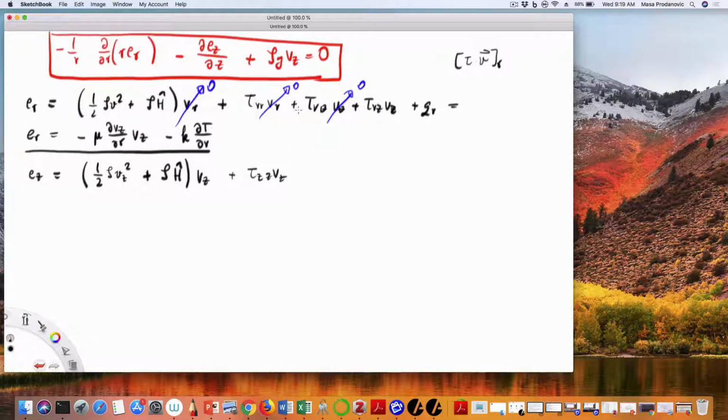The other two are 0 because Vr and V theta are 0, and plus Qz. Now even here though, tau zz is essentially dvz dz minus 2 mu, and that is equal to 0. So that's going to go.